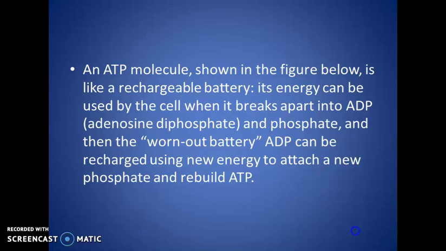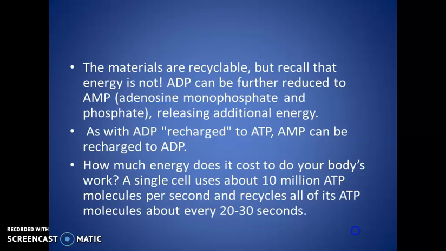The worn out battery, ADP, can be recharged using new energy to attach a new phosphate, and it can be rebuilt into ATP. So it is like a rechargeable battery. The materials are recyclable, but recall that energy is not.